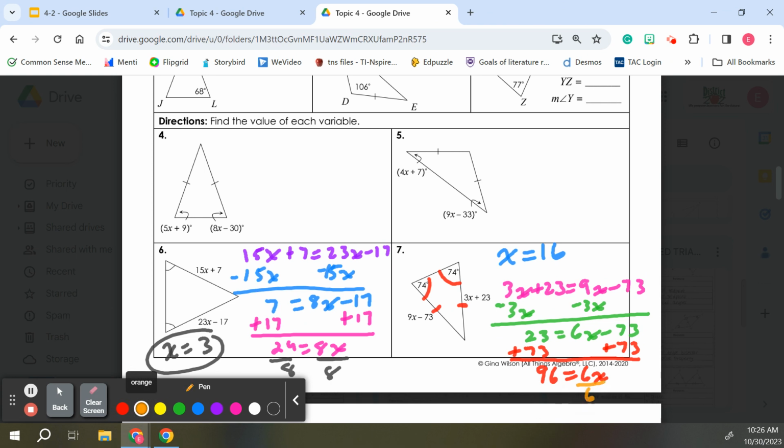And I divide both sides by 6, leaving me with x equals 16. Does that help? Any questions on this before we move on to number 8, or in general that I can address?